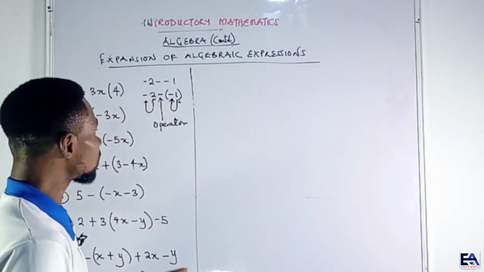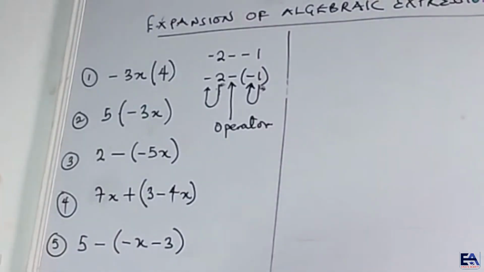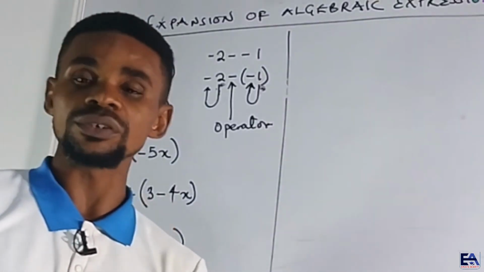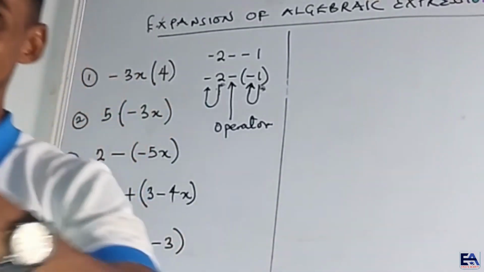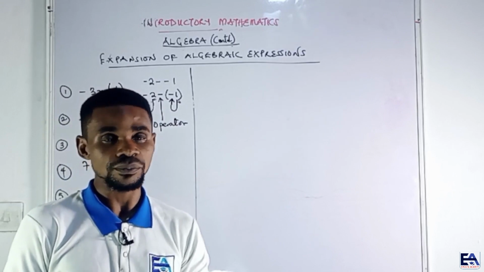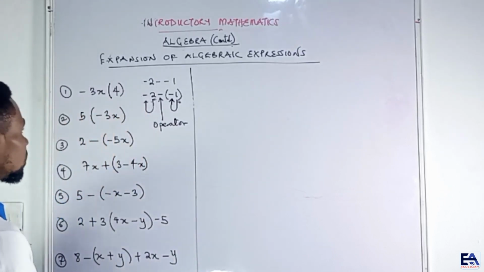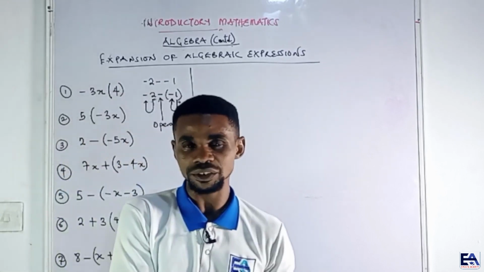So what I am trying to explain here is that whenever you find brackets in any equation or expression, try to resolve them first before proceeding with the other steps towards the solution. In the process of resolving the brackets, we do some sort of multiplication.